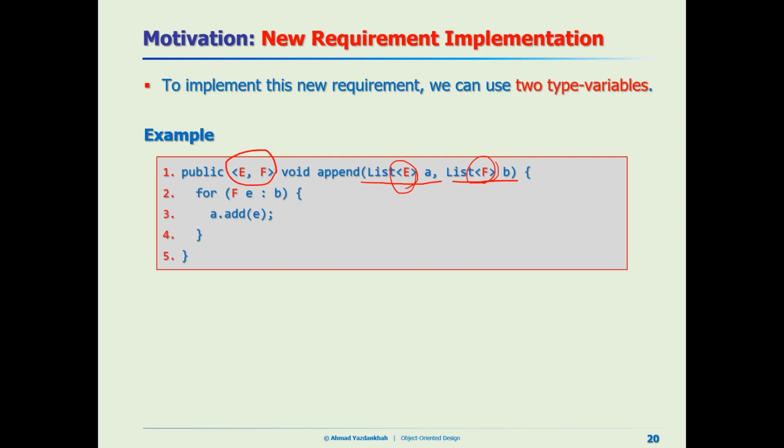Now we are gonna go over this list, which is F here, so we put B, the list, here, and here we put the types of the elements, and we just add them to the list of A. How about this?